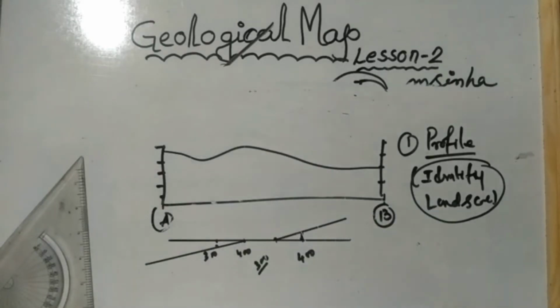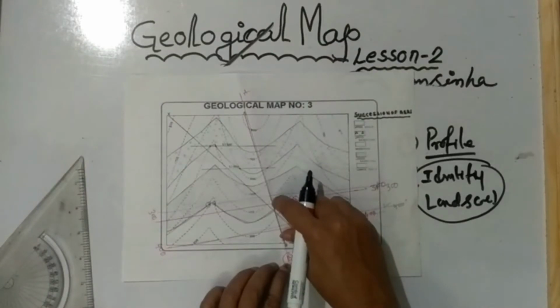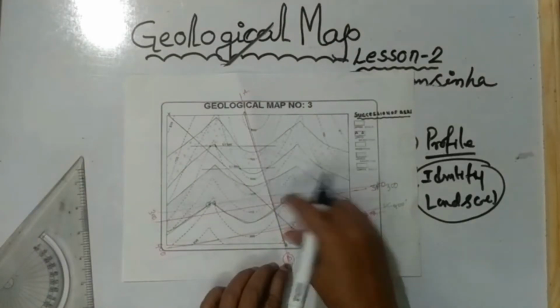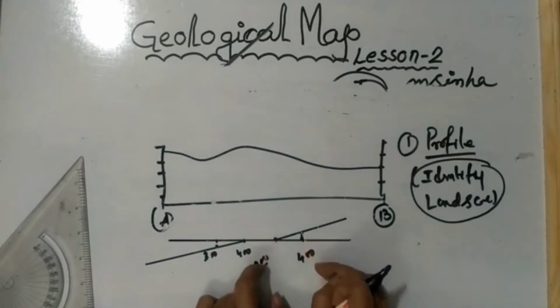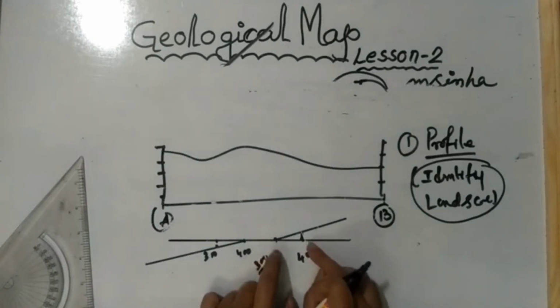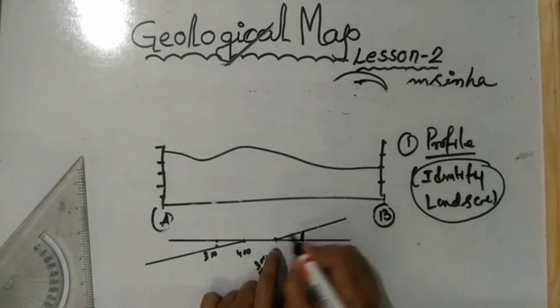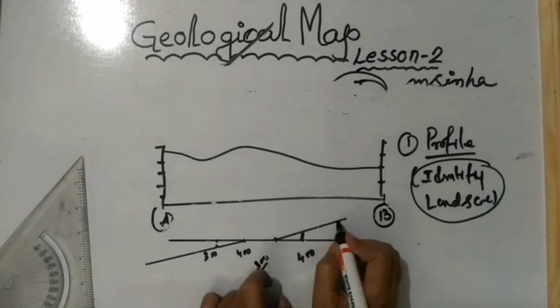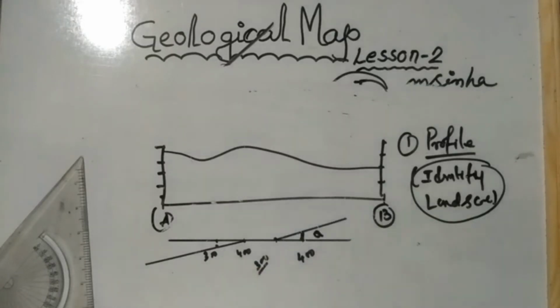So you can take that linear distance, this is the horizontal equivalent, and place the horizontal equivalent here. Put the values here and here, and draw the height according to the scale, and you can easily get the dip. This is theta. With the help of a protractor, you can also measure it.